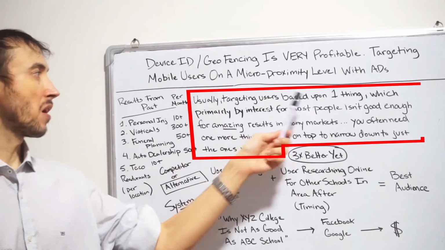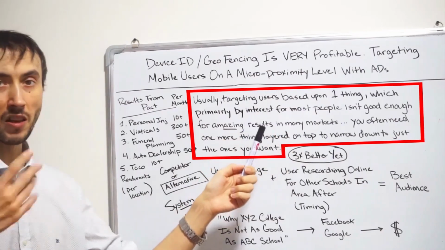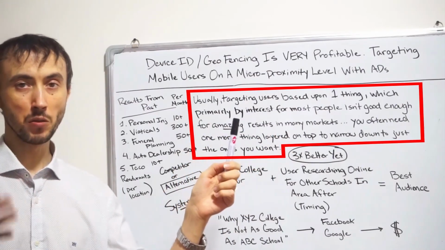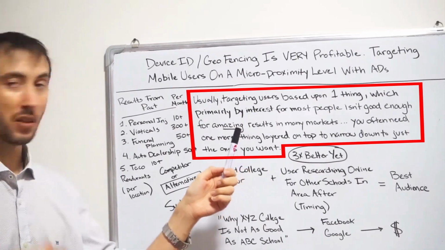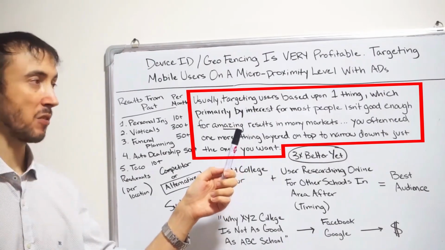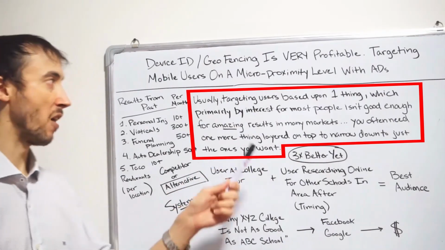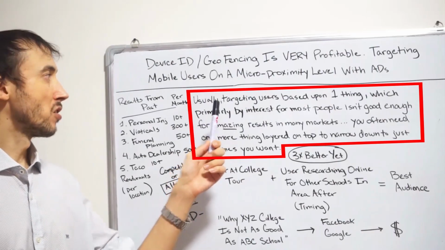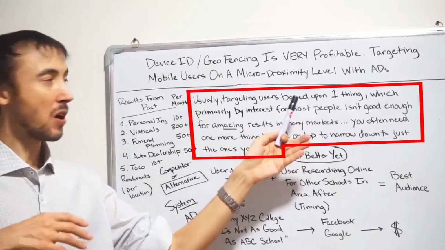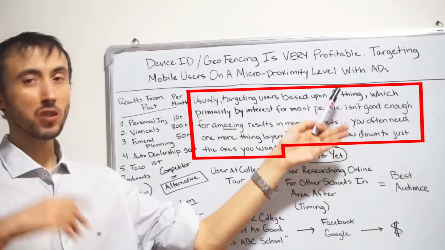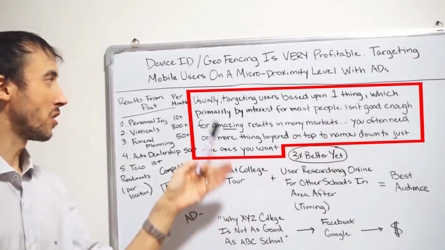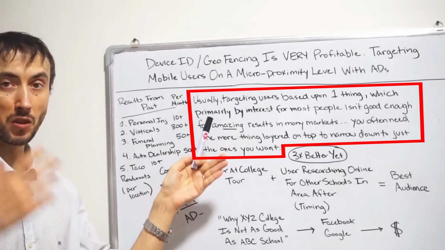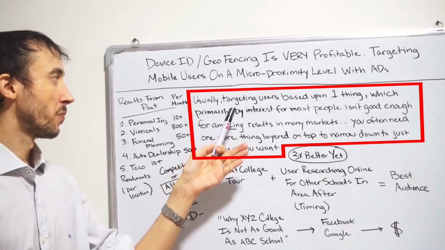Usually targeting is when you do display advertising or online advertising, when you're not talking about something like Google search advertising or Bing search advertising, where people are just telling you what they want outright. Targeting users based upon just one targeting criteria is what most people do when starting out.